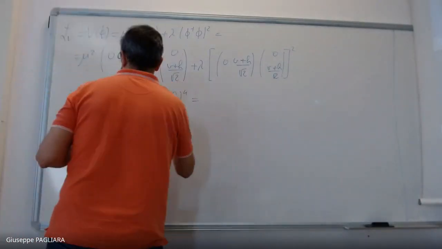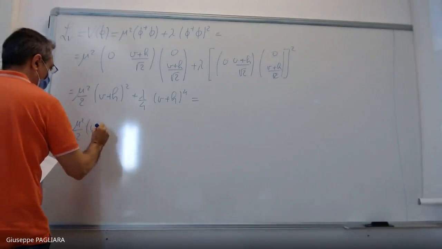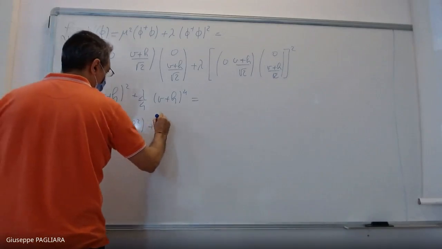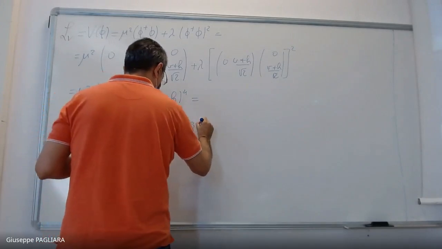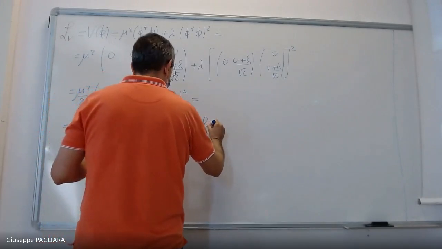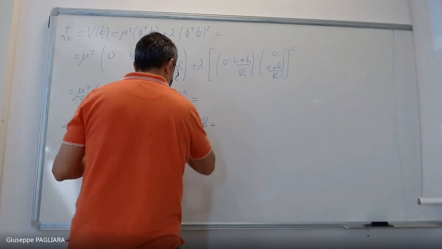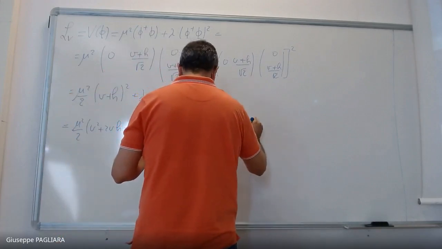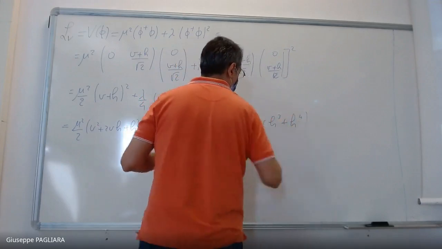And so really it is mu squared divided by 2 times (v squared plus 2vh plus h squared), plus lambda divided by 4 times (v to the 4 plus 4 v cubed h plus 6 v squared h squared plus 4 v h cubed plus h to the 4).